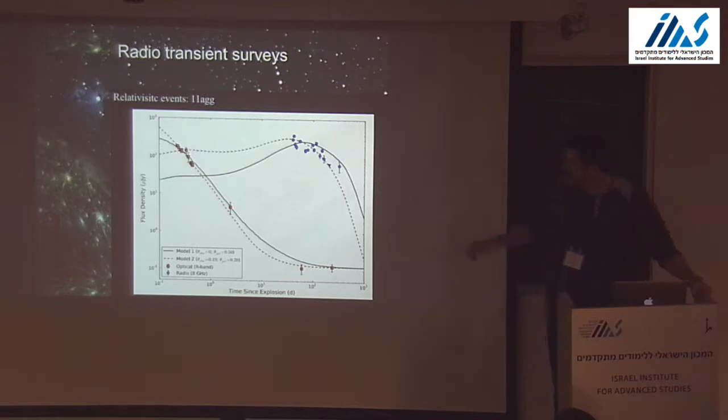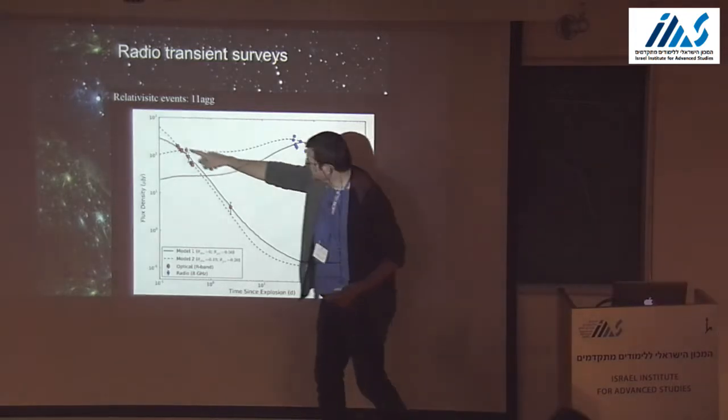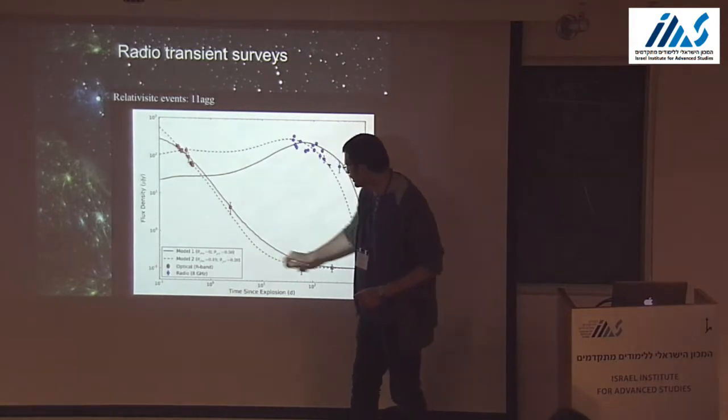This is the only case that I know of where there is evidence that a relativistic explosion happened, and we don't have GRB detections. This is from Cenko et al., PTF11agg. So you see this is a rapidly declining optical source. This is a logarithmic timescale.